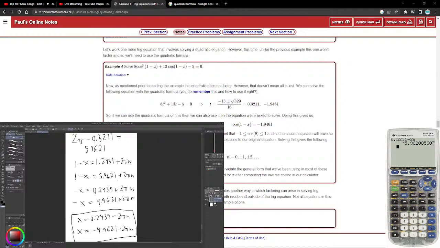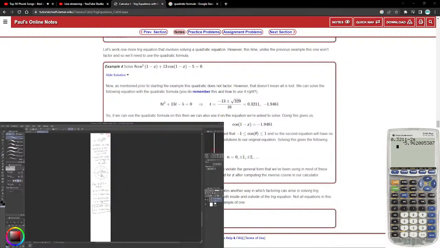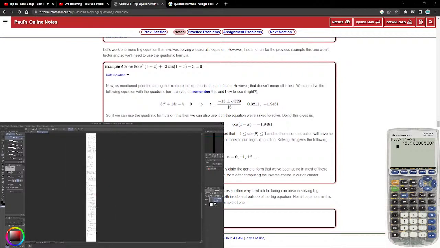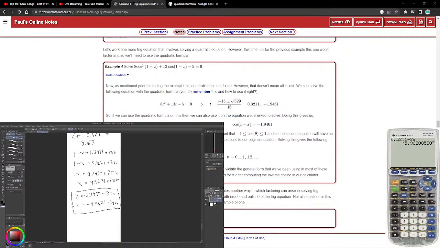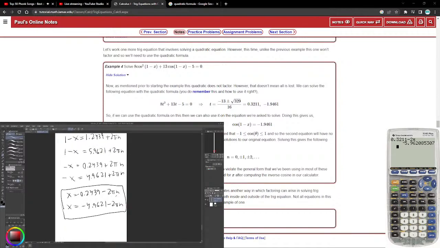Yeah, you know, it sucks, but I think I'm just gonna have to be stuck on this, because there's no way to really check. Dang it, man. One of them was right, 0.2439.